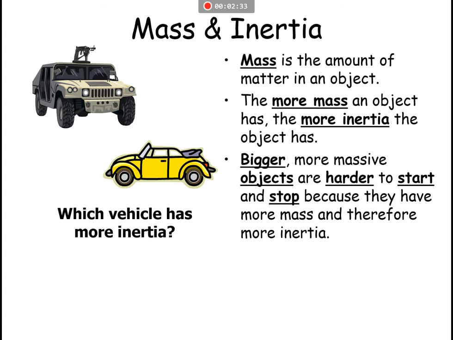Now, what is mass? Mass is the amount of raw material in any matter. Matter is anything that occupies space, and mass is the actual amount of that object. The more mass an object has, the more inertia.